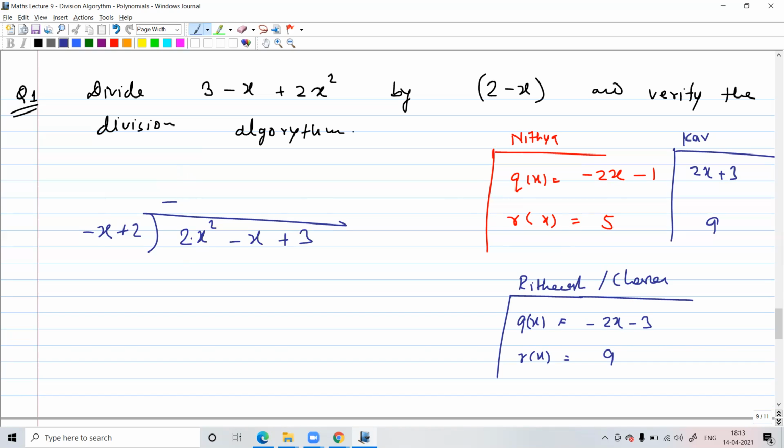So minus 2x times x only then minus 2x into minus x will become 2x squared. And then minus 2x into plus 2 will become minus 4x. Then you change the sign. And this becomes 0. And this becomes 4x minus x, that is 3x plus 3.